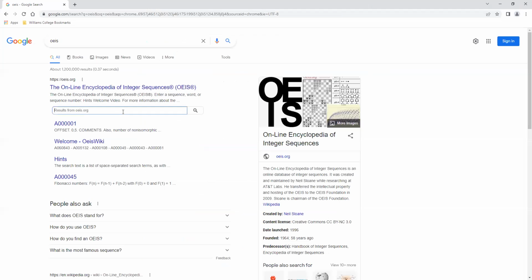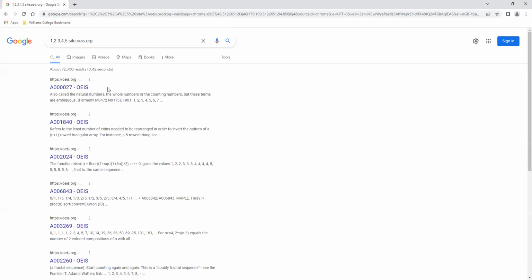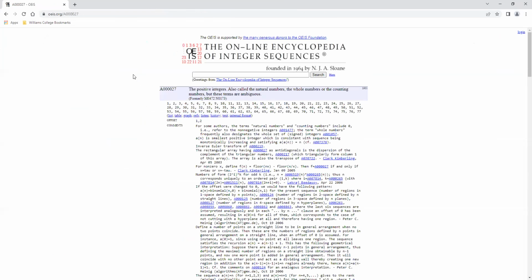All right. So somebody give me a sequence of integers. Quickly, semester's ending. Okay, 1, 2, 3, 4, 5. Okay. So maybe I can do 1, 2, 3, 4, 5.